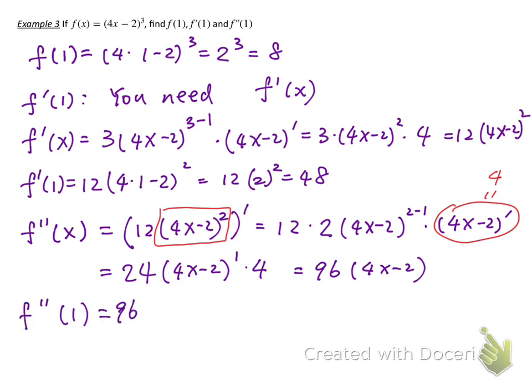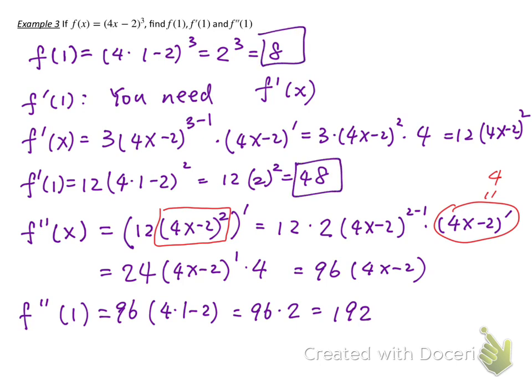This equals 96 times (4 times 1 minus 2), or 96 times (4 minus 2), which will be 192. So we have 8, and then we have 48, and then we have 192. Okay, that's it for this lecture.